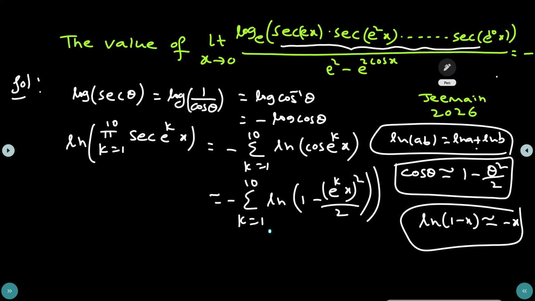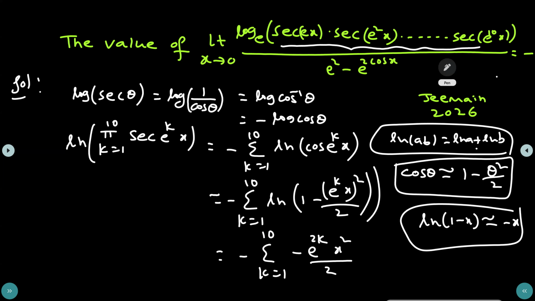Okay. Now this minus sigma k equal to 1 to 10, you can write it as minus e power kx whole square, which means e power 2k x square by 2.